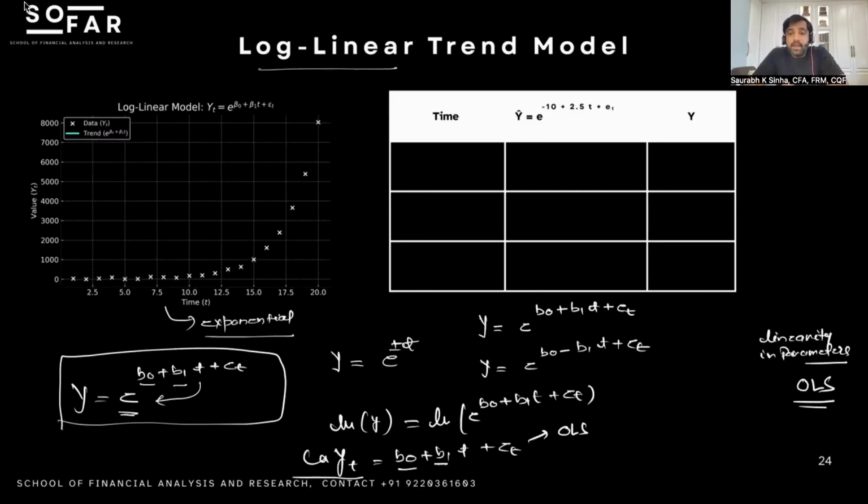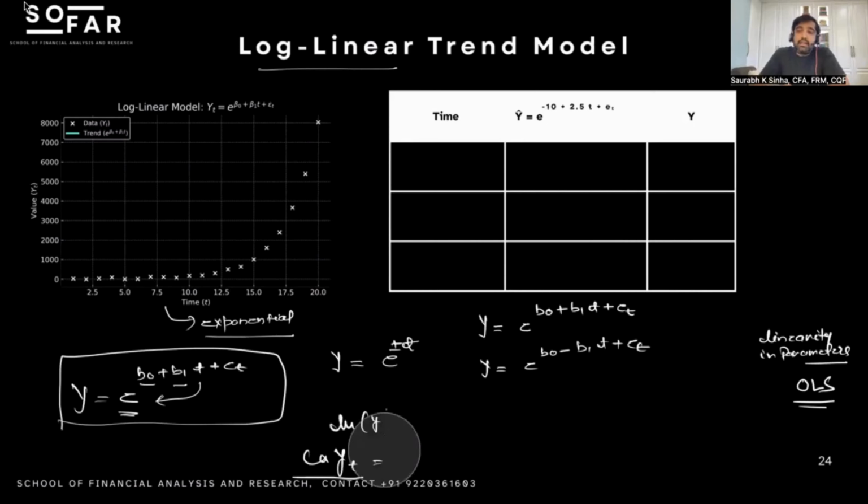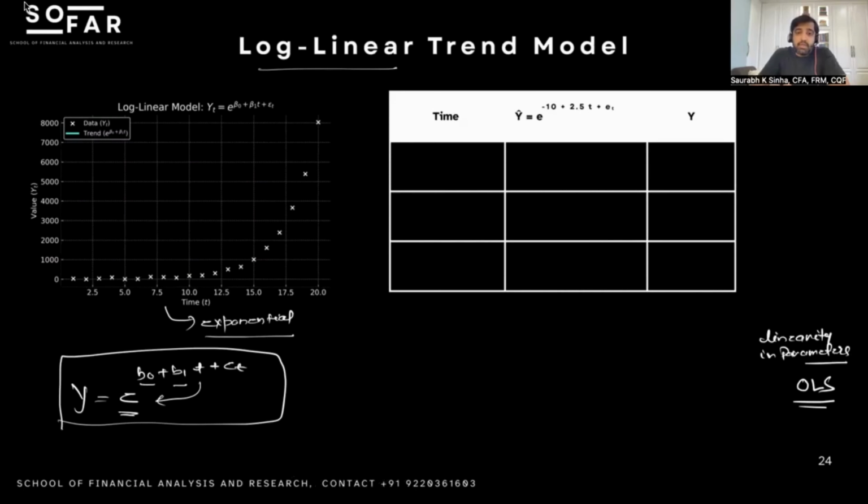Linear. Now you can use OLS and find beta naught and beta 1. So the way this model is generally written, the equation is written not as y is equal to e to the power beta naught plus beta 1 t, but in the format of ln of yt dependent upon time in a linear format.